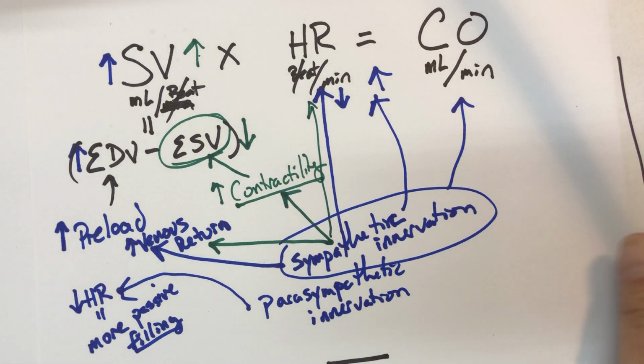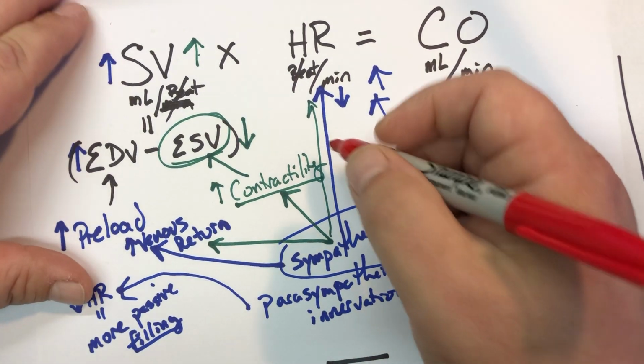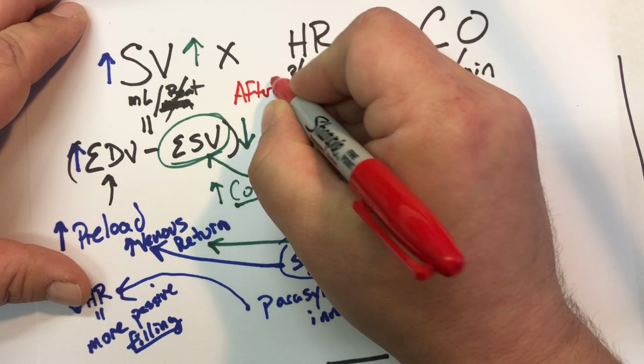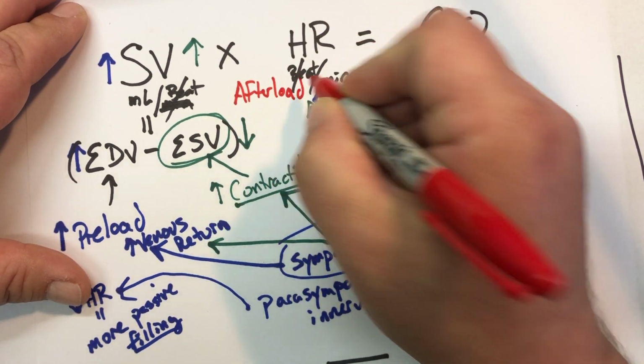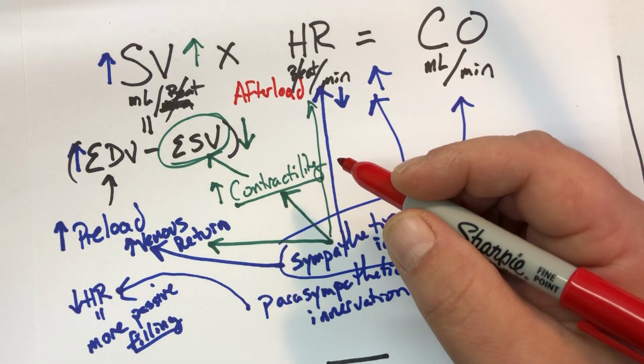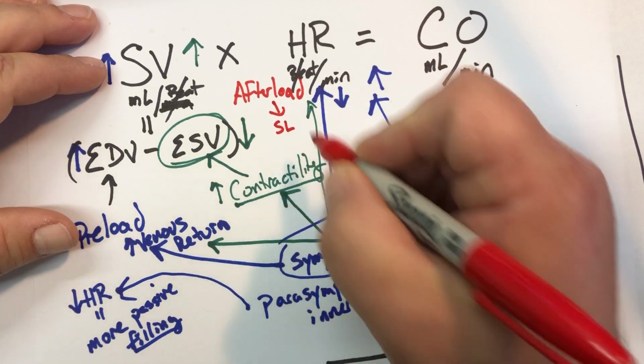The one variable that creates an effect that is contrary to what we want is what's called afterload. Afterload is a measure of the pressure required to open the, sorry, back that up, not AV valves, semilunar valves.